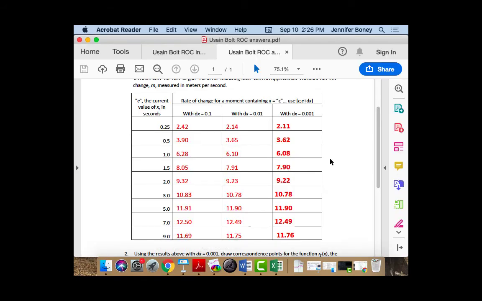If you're in the first or second rows with this dx of 0.1, 0.01, 0.001, you can see when x is right near the start of the race, at a quarter of a second, half a second, 1 second into the race, in general, regardless of what size of dx we use, we have smaller speeds, right? So at the beginning of the race, he was going 2-something meters per second, then 3, 6, 9, 7, 10, 11, 12, 11.